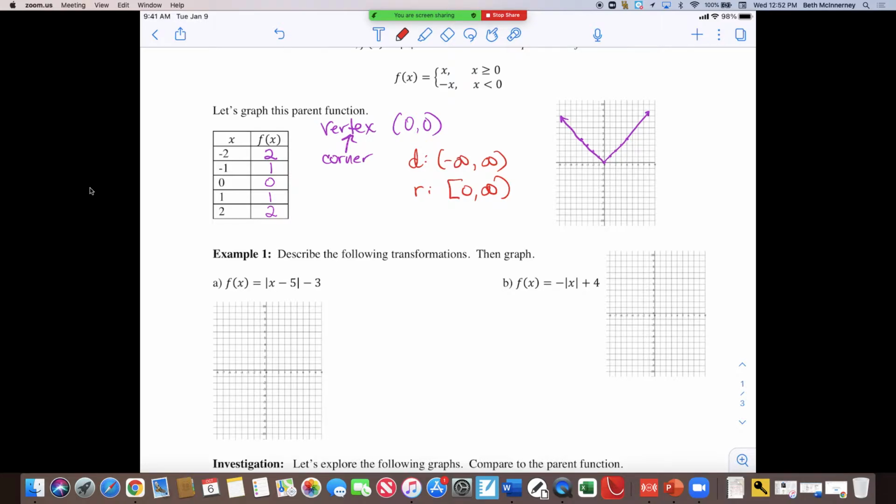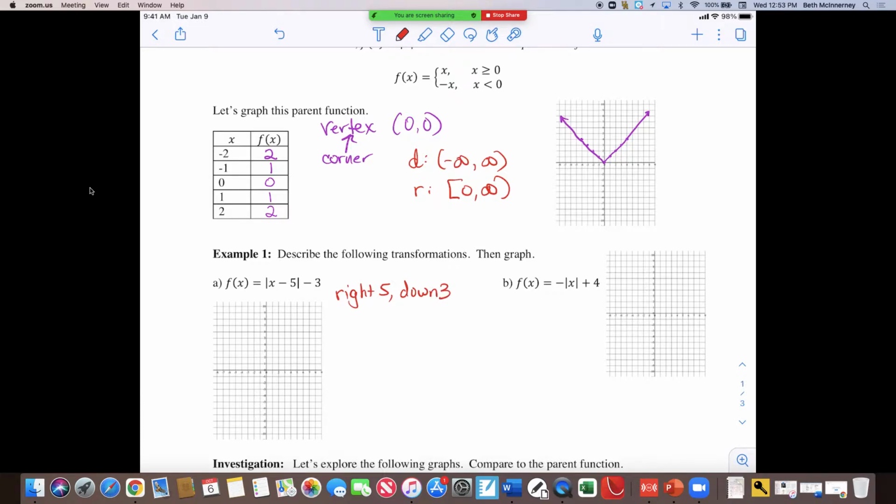What's happening here? Ellie, what do you think? Yep, right 5. Just right 5 because we've replaced the x with the x minus 5. And then what does the minus 3 do? Good job. Okay, so it's down 3.